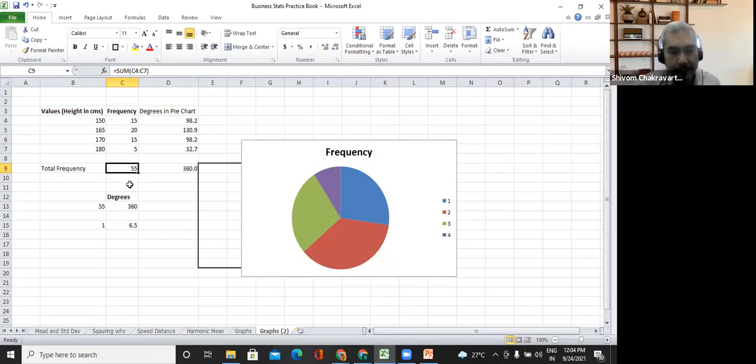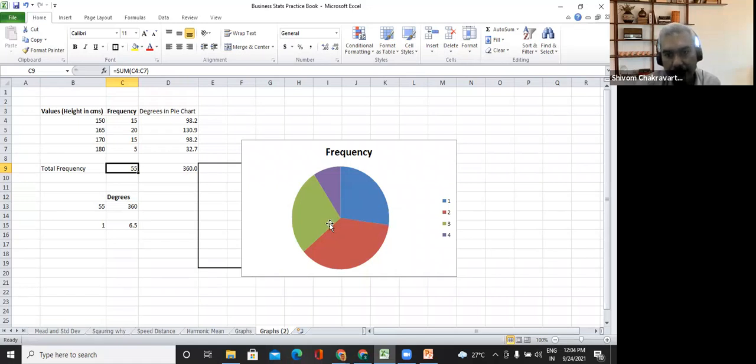Each unit of those 55 slices, taken from the center, will be equivalent to 6.5 degrees. So if we divide this entire circle into equal parts based on the total number of frequencies, each part from the center will have this angle as 6.5.